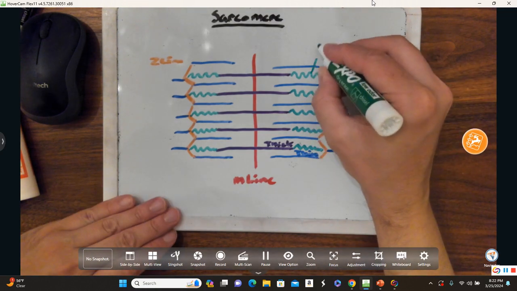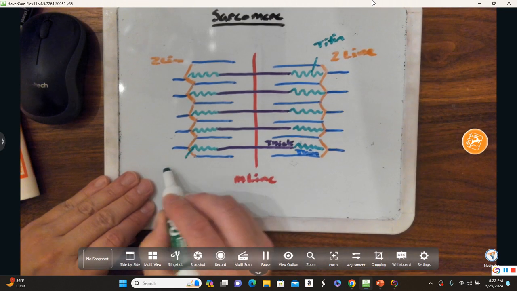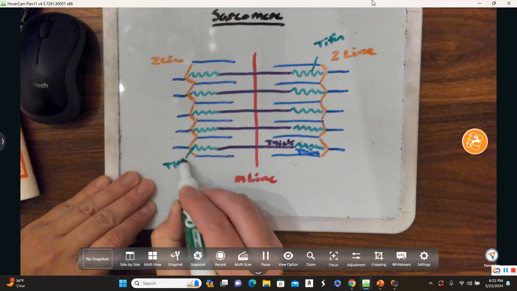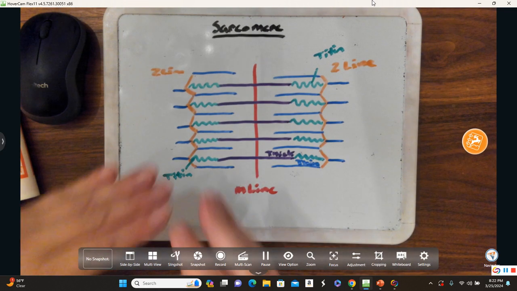And this is titin. Okay, that's titin. All right. So we have gotten the sarcomere drawn.